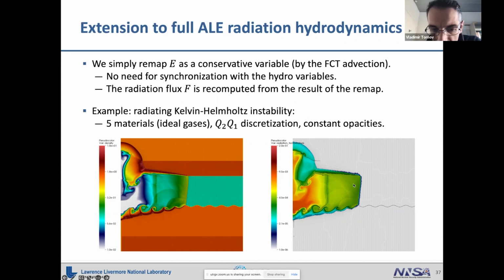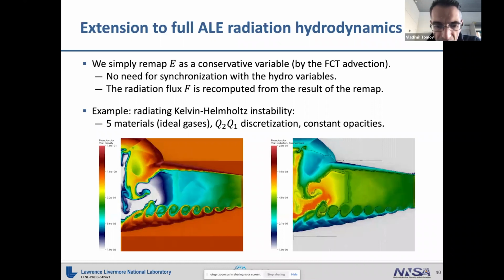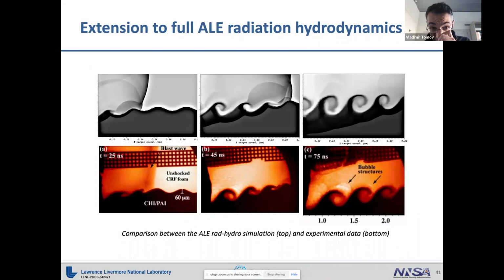I think this is radiation temperature. If you look closely, you can see that actually the heating goes a little bit in front of the material shock. But anyway, that's the result. And people actually took some pictures of the actual experiment and compared it with the numerical simulation. So the simulation is on top. The true pictures are on the bottom.